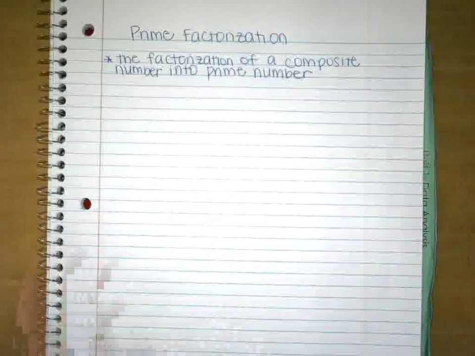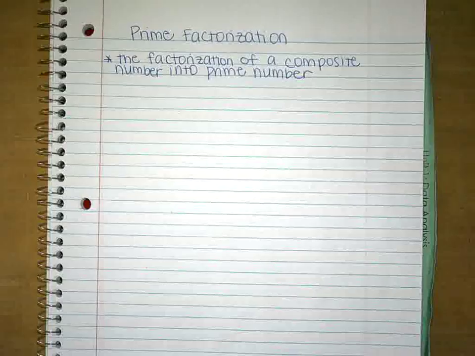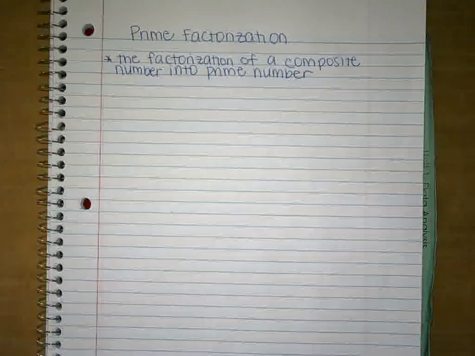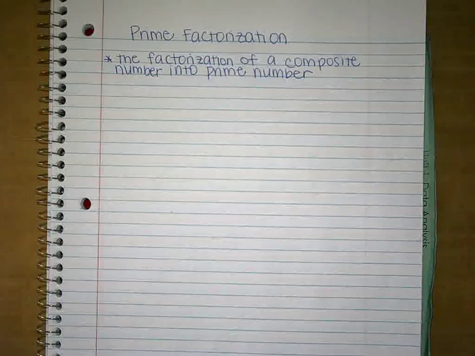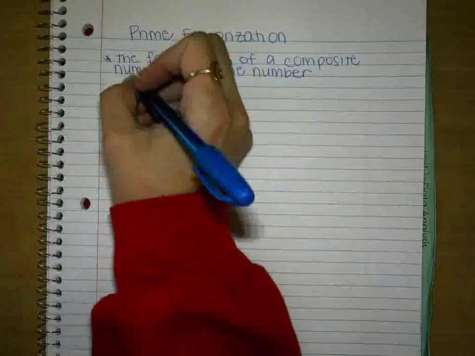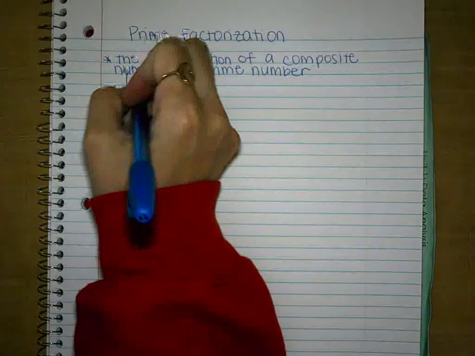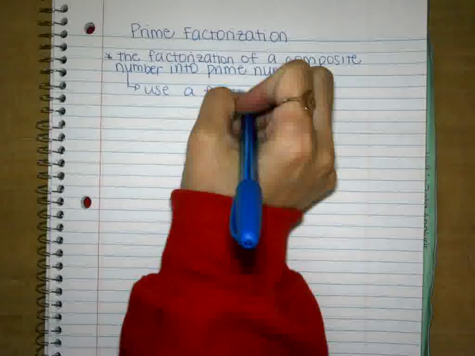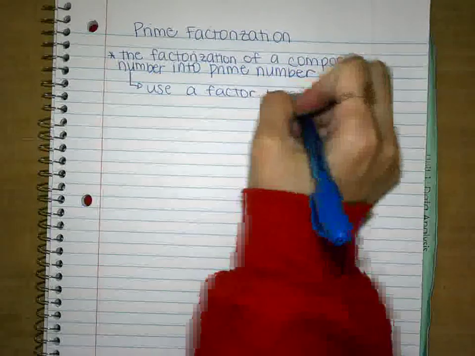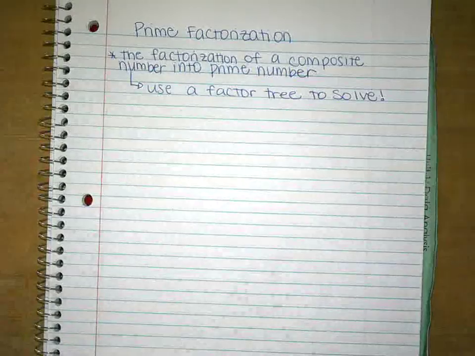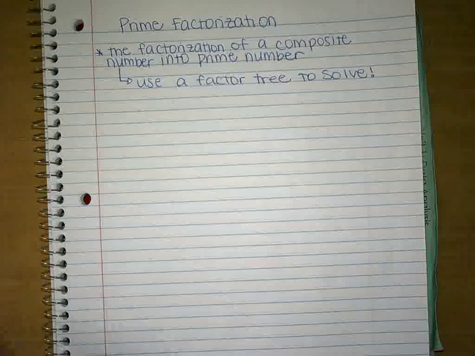So I am taking a composite number like 46 and I am breaking it down into its prime factors. So what we do to find prime factorization is we use what's called a factor tree. So we will use a factor tree to solve. And I'll show you here what that means. We'll do a few examples.